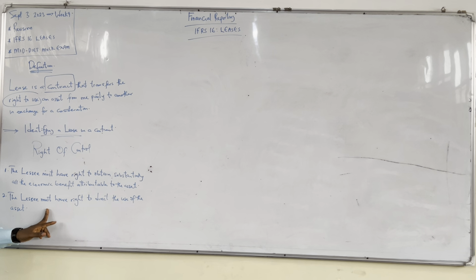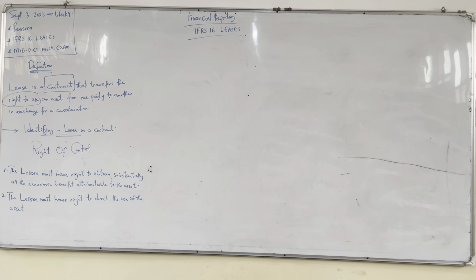So you cannot enter a contract and you lease a truck and the supplier or the lessor is telling you that you can only move this truck between Aja and Lekki, right? If there's a restricted use like that, then you don't have right to direct the use. If you are leasing a truck, you're able to use it anywhere in the country, right?